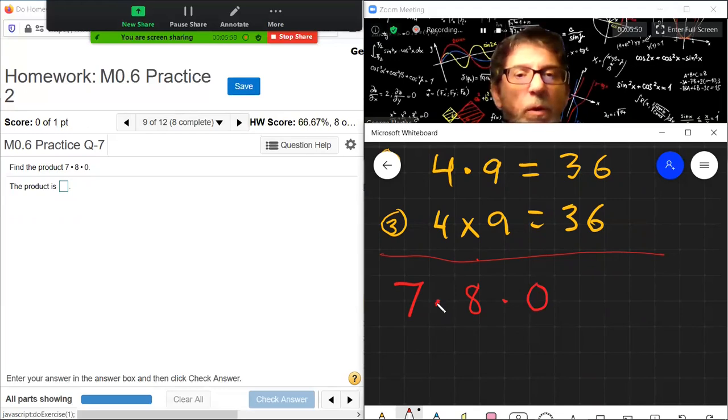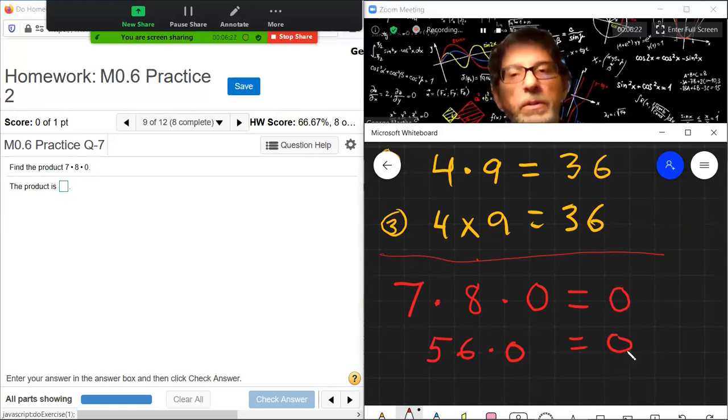Whenever you have more than 2 numbers to multiply, just simply do the multiplication from left to right. Okay, so 7 times 8 is 56. And then let's figure out what 56 times 0 is. What is 0 times anything? 0, you said, correct.